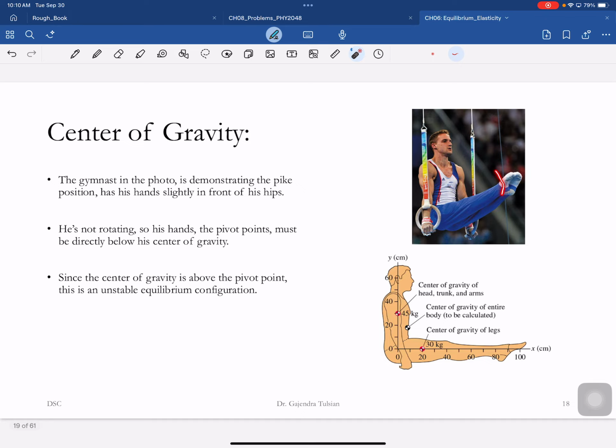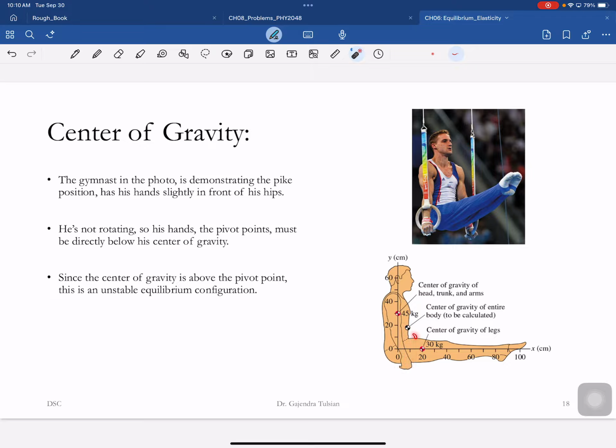So here is a pike position for this gymnast, and there is his arm holding on to the ring. For him to balance, what should be true? The center of gravity needs to be right above the footprint.